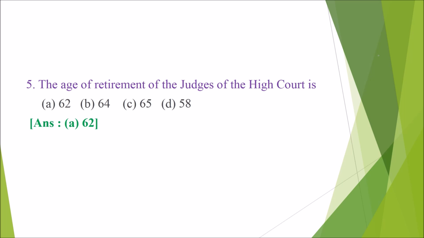Question number 5. The age of retirement of the judges of the High Court is option A, 62, option B, 64, option C, 65, option D, 58. So the correct answer is option A, 62.